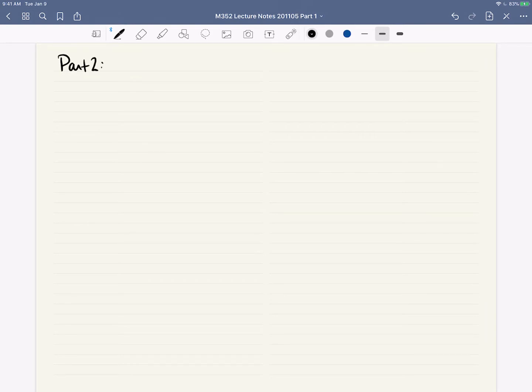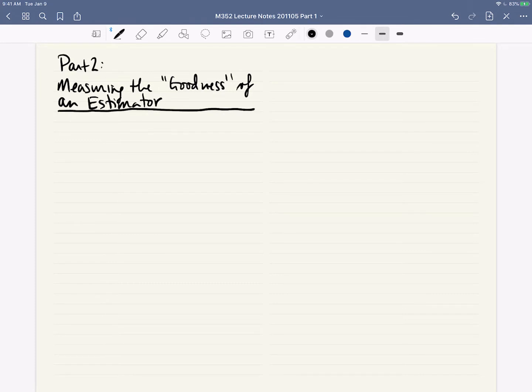What I want to talk about now is the idea of measuring the goodness, and yes, that's a technical term, of an estimator. So we're going to talk about something called the mean squared error of an estimator.